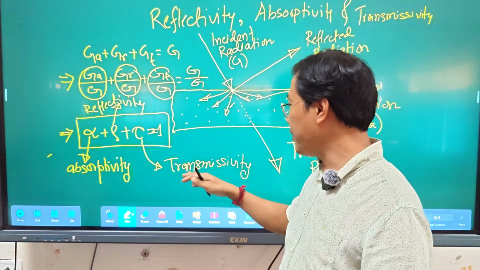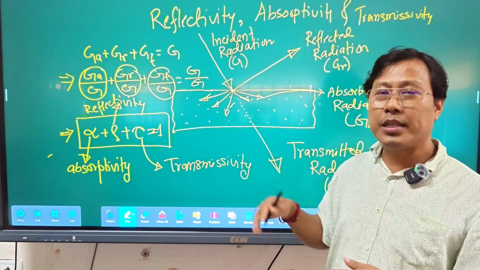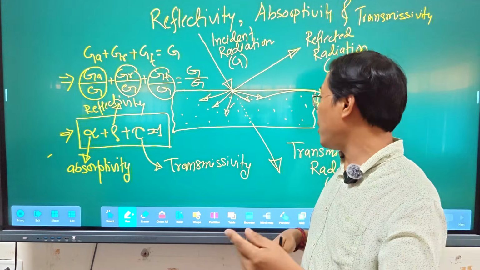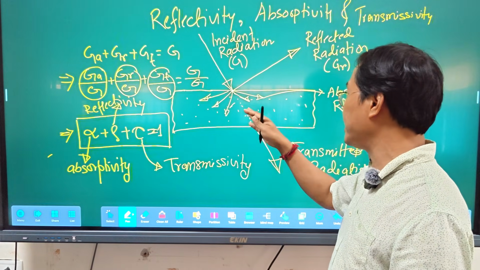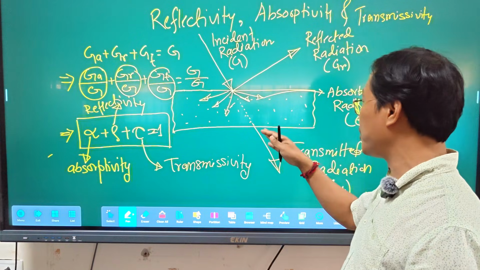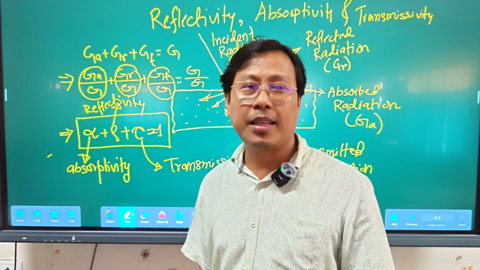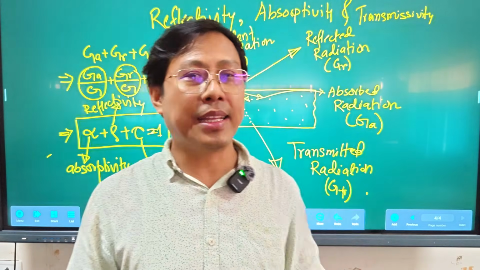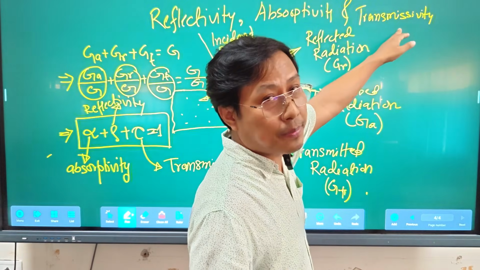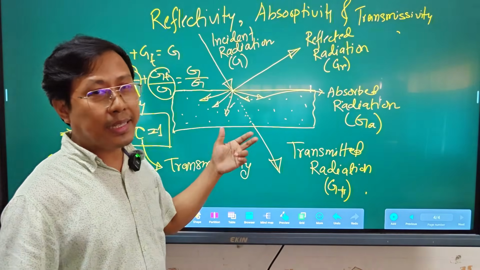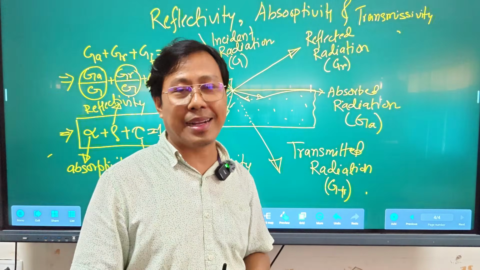The third property, transmissivity, represents the capacity of transmission. Whatever capacity the body has to transmit radiation through its body is called transmissivity. In this way we get the three properties of a body in connection with radiation heat transfer or thermal radiation.